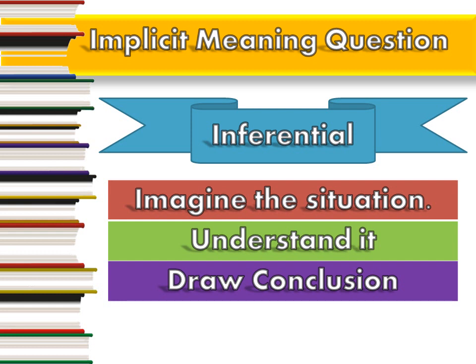So, in order to draw the conclusion, you need to first imagine the situation to understand the scenario and the reaction of the characters. Once you have understood, it would be easy for you to draw the conclusion. Such questions mostly start with what do you think? How do you know? Or what can you tell?